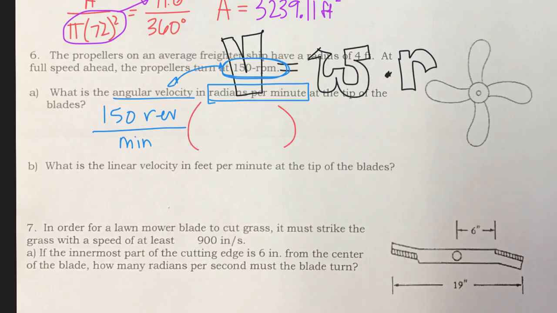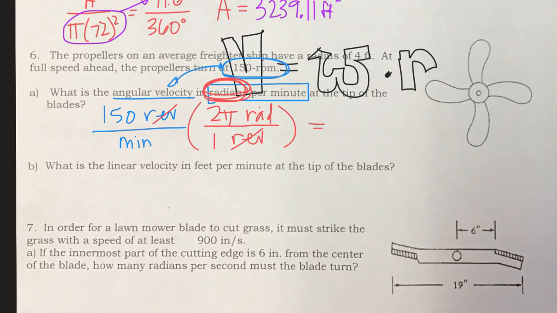We want to convert from revolutions to radians. So how many radians are there in one revolution? 2 pi. And since revolution is on top, when we divide, we want to make it go on the bottom so it cancels out. So 2 pi radians equals 1 revolution. It's about what's in the numerator, what's in the denominator.